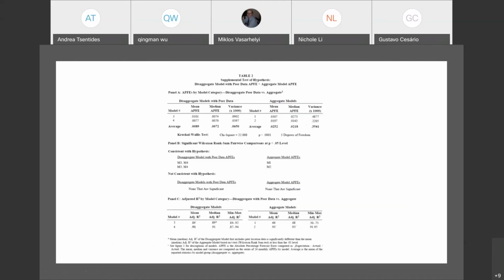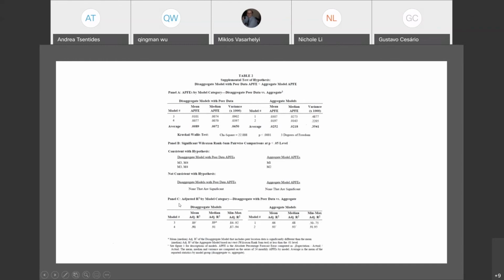Now, as also illustrated in panel B in table 2 here, we can see every pairwise comparison between the disaggregate peer data model and the aggregate company-wide model account expectation. So models M3 and M4 are better than M1 and M2. And this is consistent with their hypothesis.